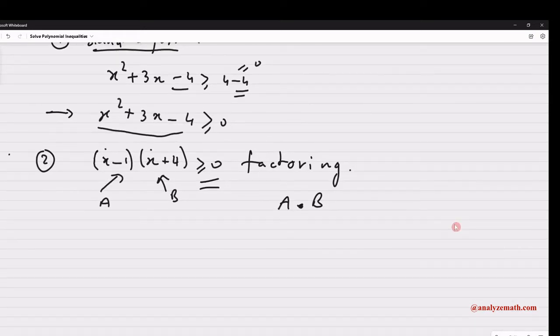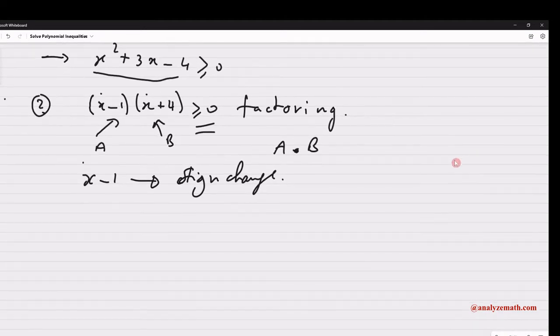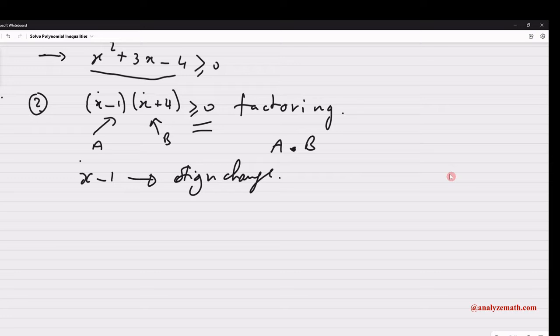Now there is a small thing to consider: a is equal to x − 1, so the sign of x − 1 is going to change. It depends on x. Also x + 4. So what we need to do now is create a table of signs.